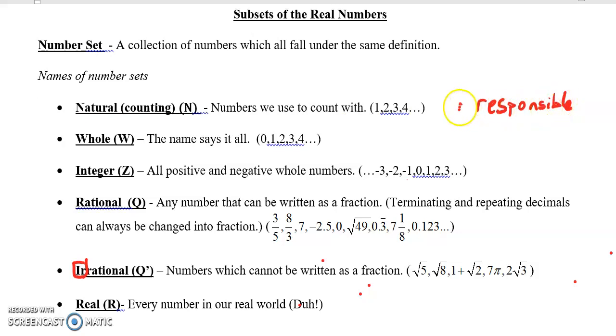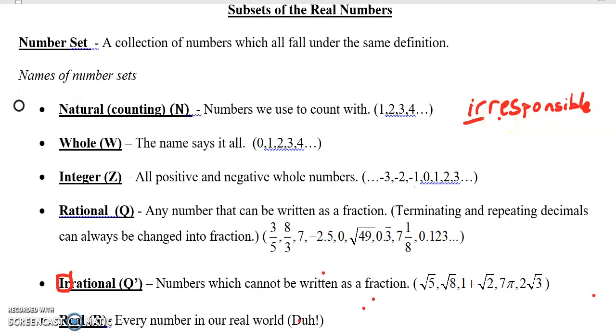Well, if I add the prefix IR, irresponsible, that means that's the opposite of responsible. That's not responsible. So IR means the word not, right? So irrational numbers means they're not rational. In other words, I cannot write them as a fraction.